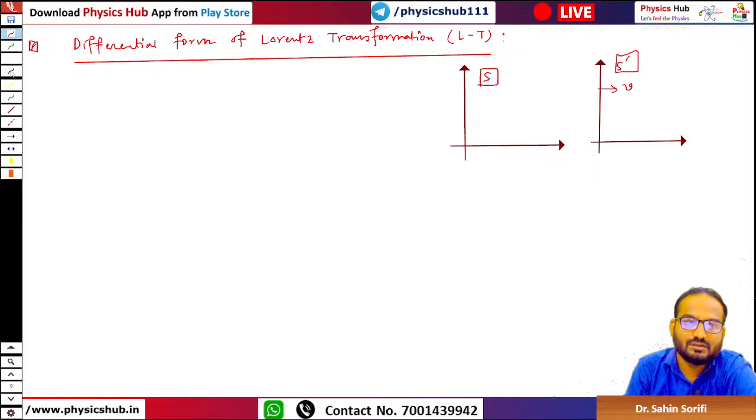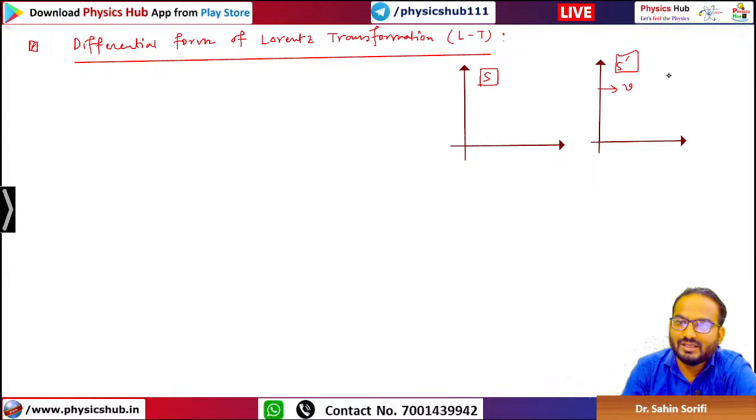Now let's say we are observing, I am drawing it here, but it doesn't mean we are only observing with respect to S. The point may be anywhere, and we can draw the same thing here also. Let's say we have a point here, XYZ, and another point here.